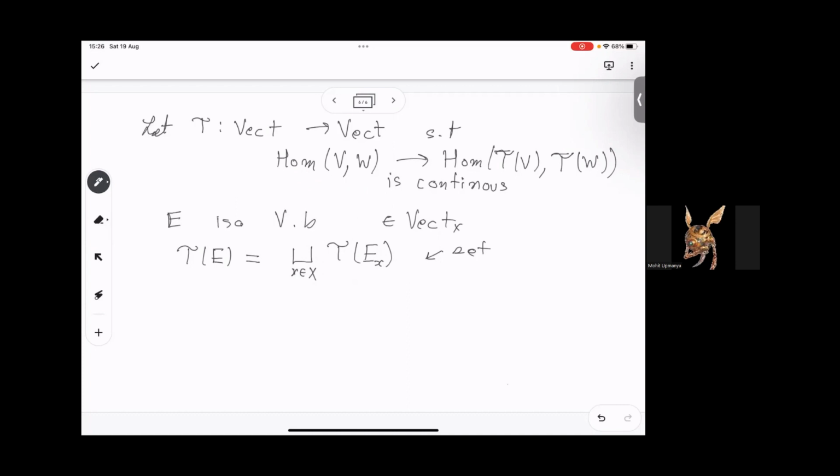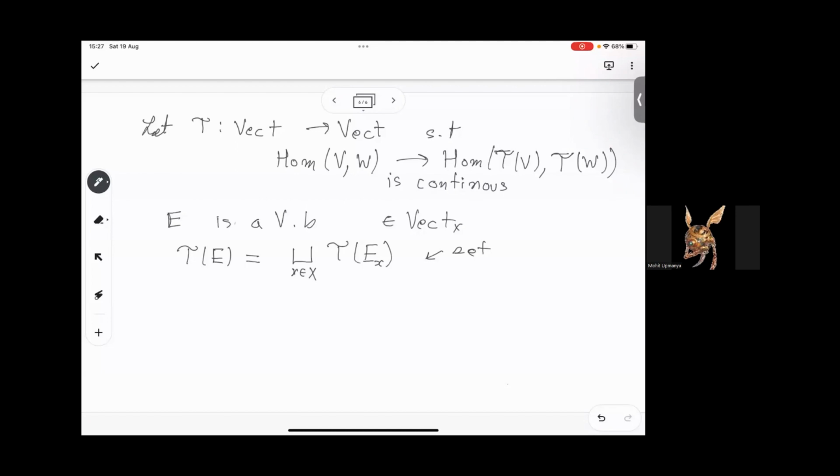Okay, so let's proceed. So now E is a vector bundle. We define the set TE directly just by saying, okay, take all the fibers, which are vector spaces, and apply the functor on them. So if the functor was dual, just take the dual of all of them. Take the disjoint union, and you'll get a set. But a vector bundle is also a topological space.